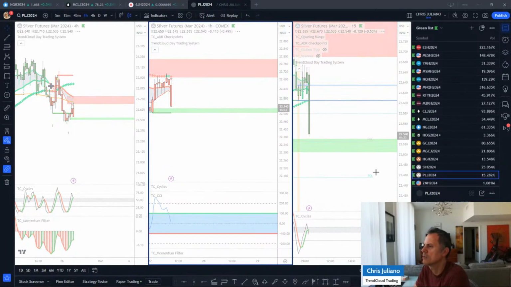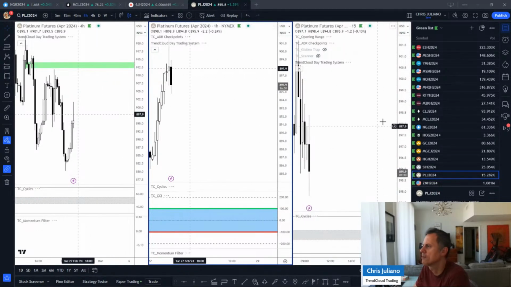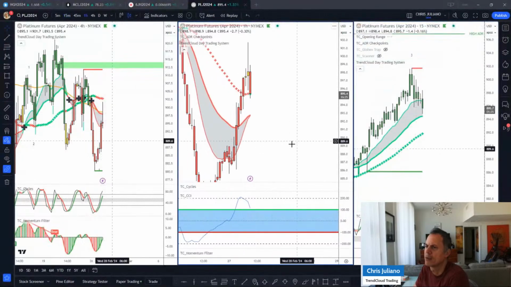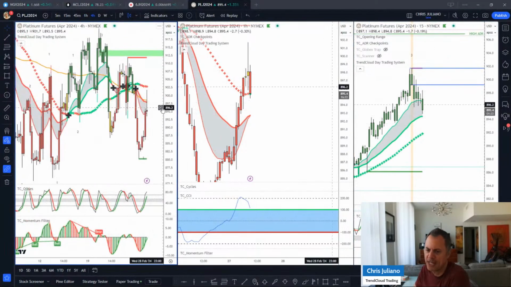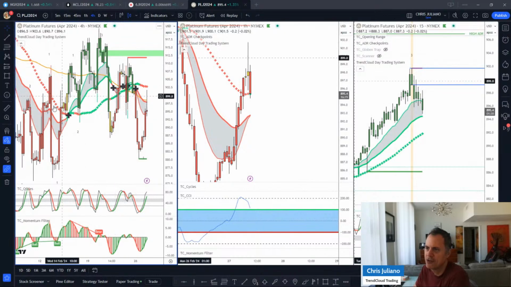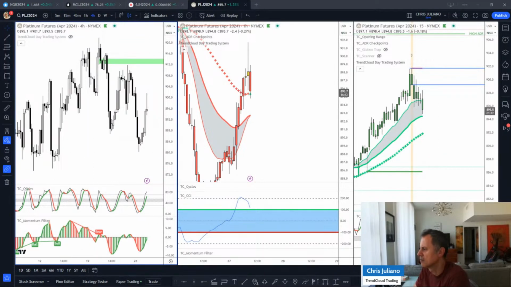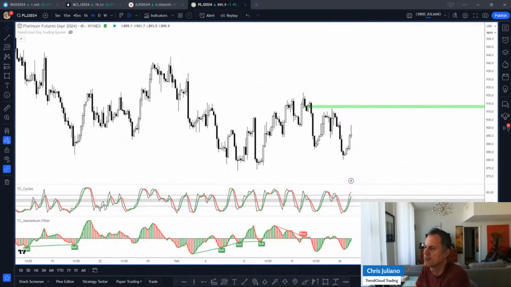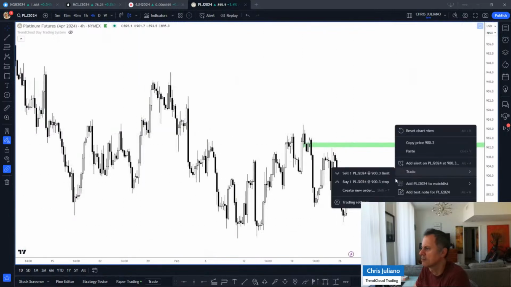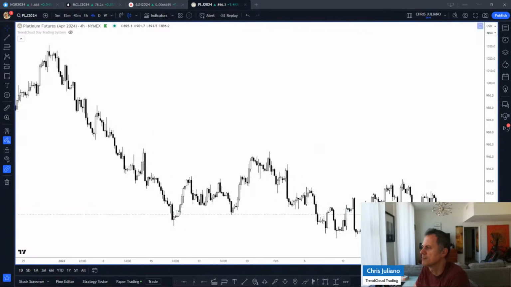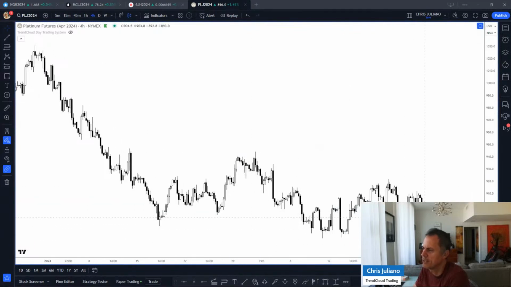Okay. Platinum, is this like across the board? Wow. I mean, look at platinum. What a mess. How are you going to read this? One big sideways movement, right?